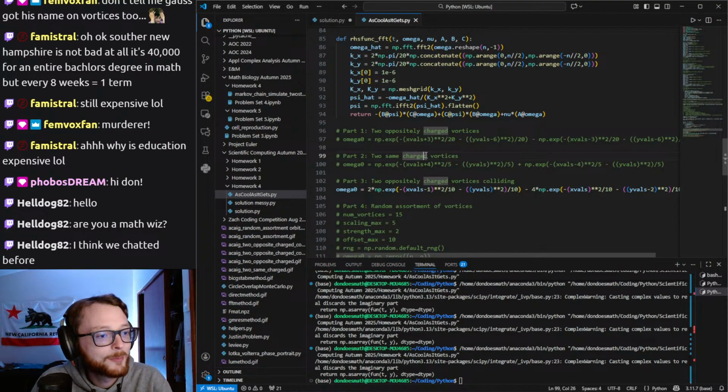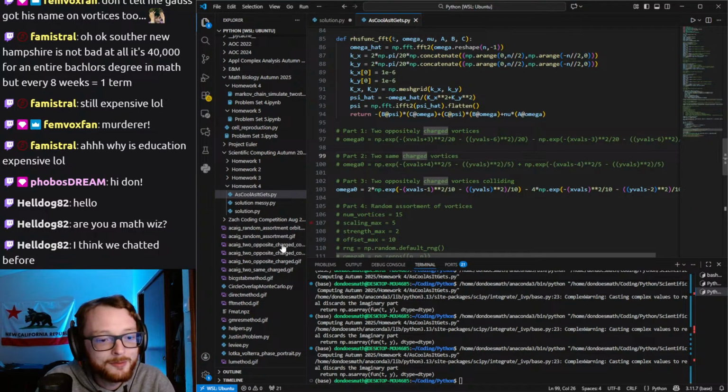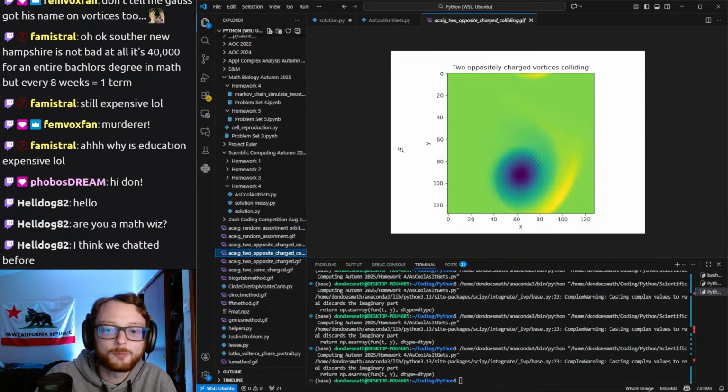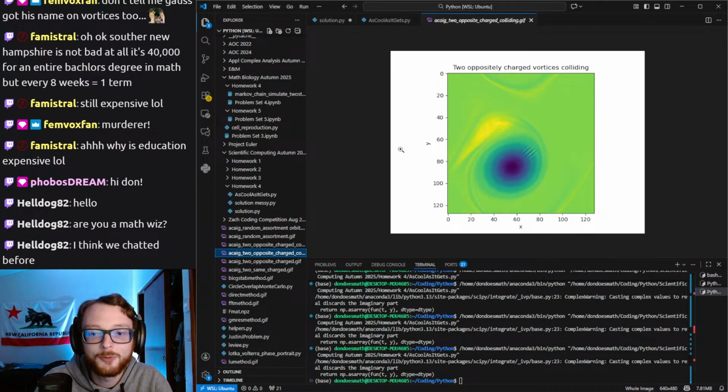Oh dang. Yeah, that's pretty expensive. Phobos. Hello. I hope you're doing well. Simulation we just made, I think. Ooh, it's all yellow now. Helldog. Yeah, I recognize your name.